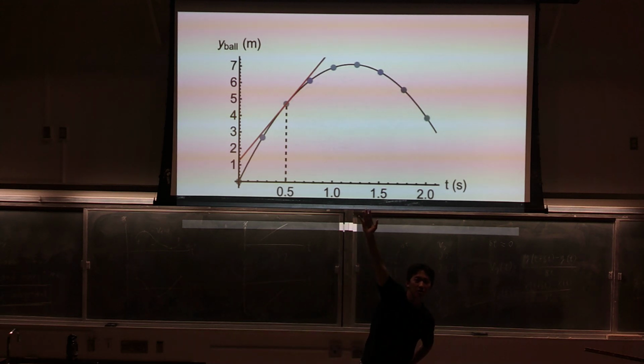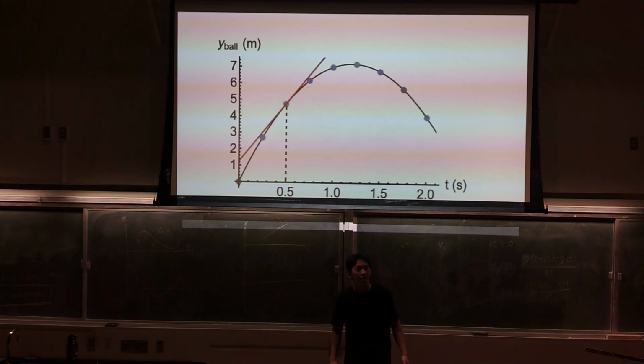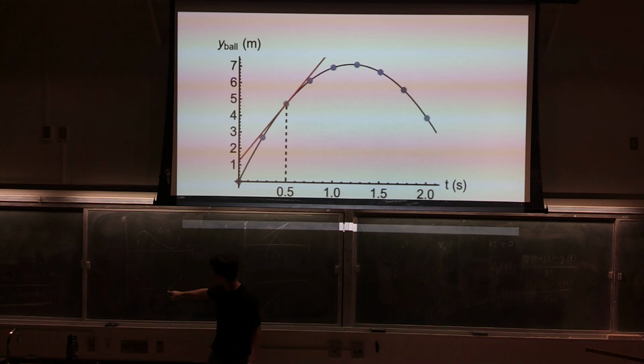Let's try this again. If the Vxt graph is negative and is going up, will the xt graph go up? No. Good. Because if the x velocity is negative, it means that the x position should be going down.